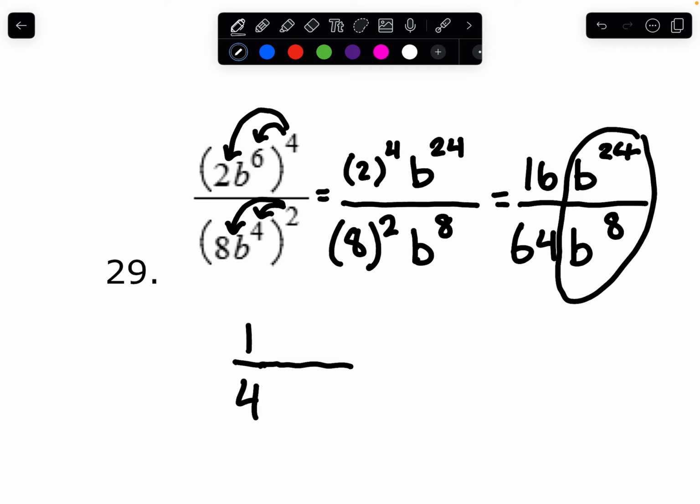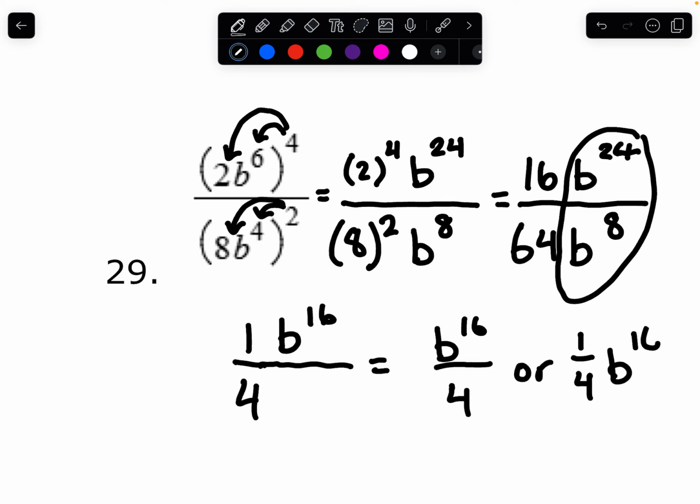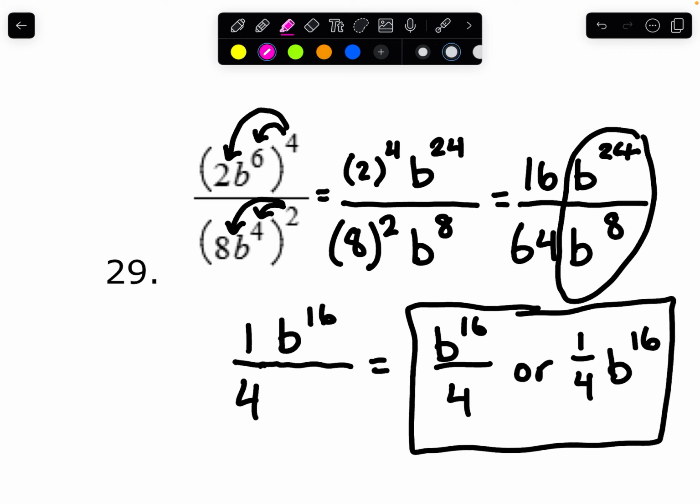When we're dividing, we subtract. So 24 minus 8 is 16. So we have b to the 16th power. Okay, so we can rewrite this as b to the 16th over 4. Or you could keep that as 1/4 b to the 16th power. And those are our answers.